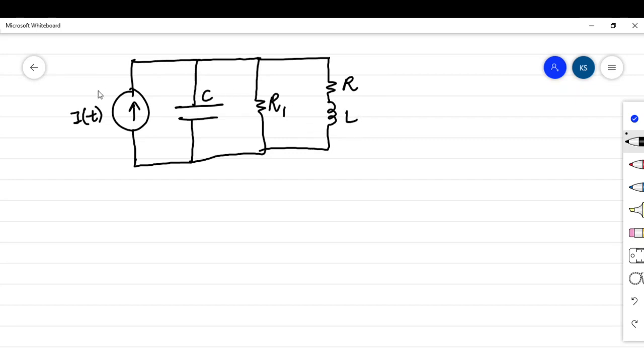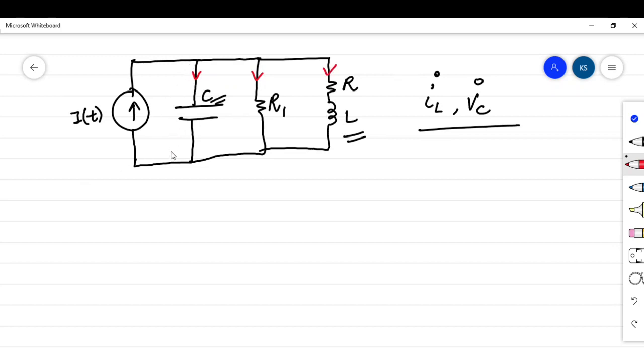Now we have to develop the state space model. First of all, we will see the number of energy storage elements. You can see that there are two energy storage elements present in the system, so we are interested in finding IL dot and Vc dot to develop the state space model. Because the current source is connected in parallel, we will define the current in three parts.